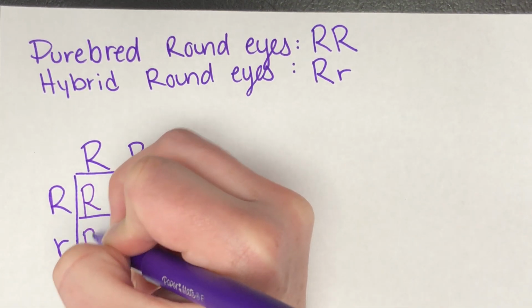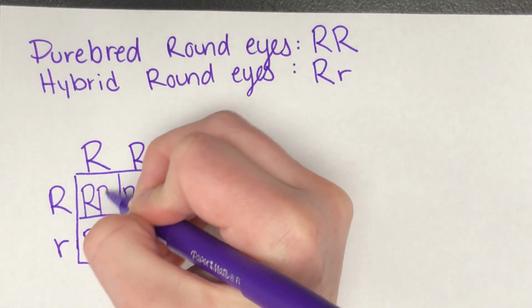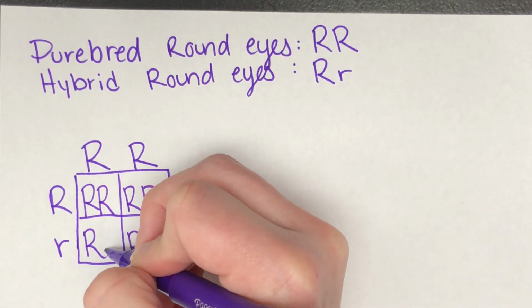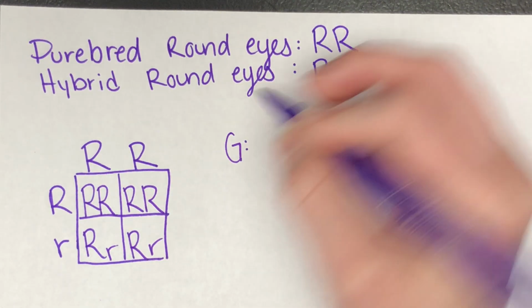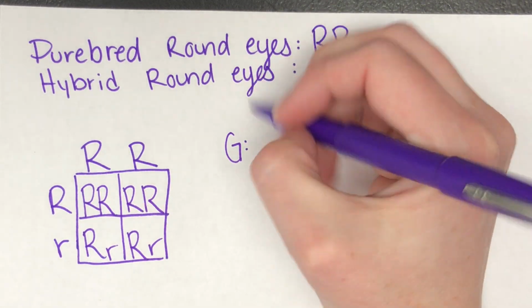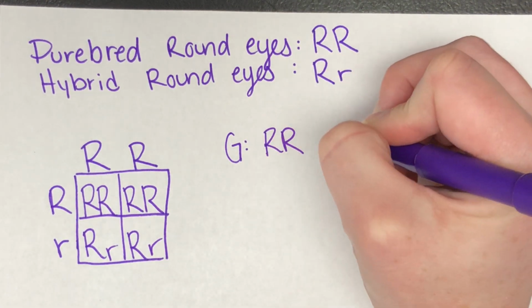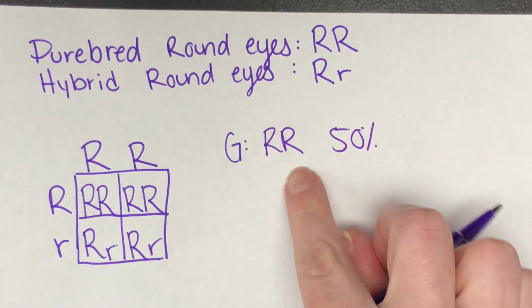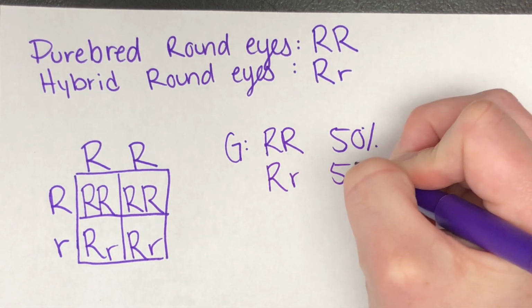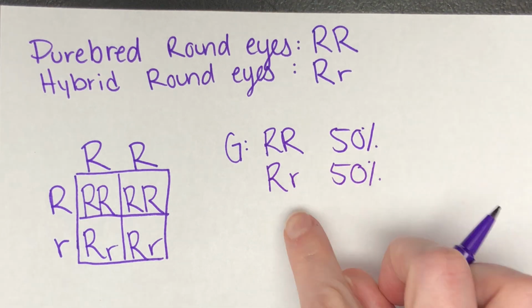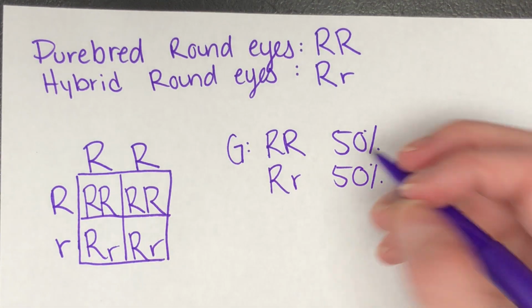Big R, big R, big R, big R, big R, big R, little r, little r. Okay, again, our genotypes. We have 2 big R, so 50% chance of big R, and 50% chance of big R, little r, based solely on these 4 boxes.